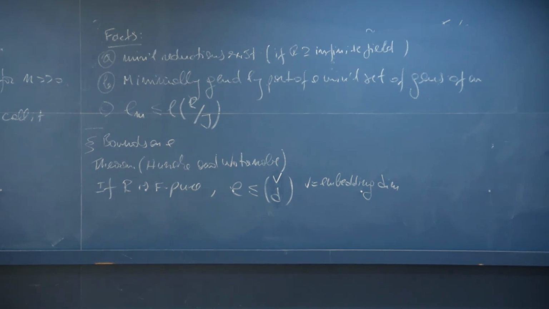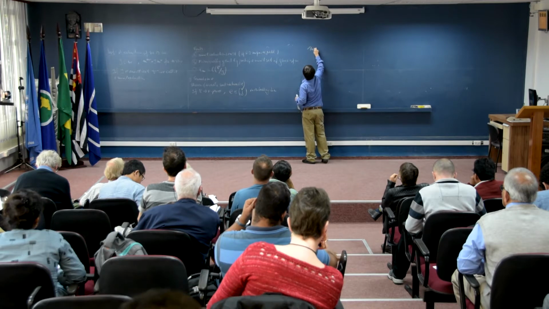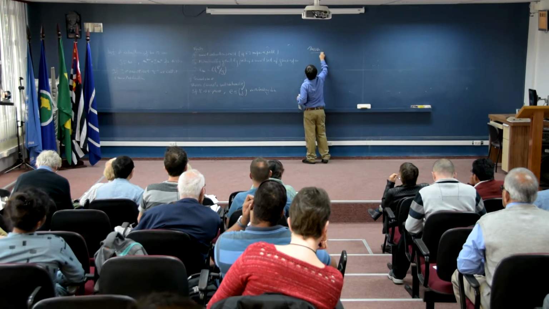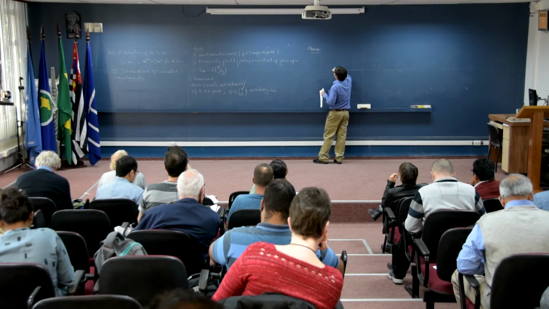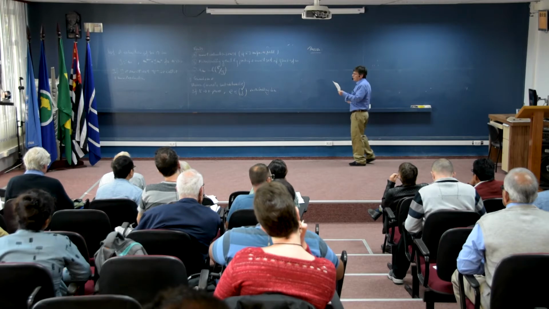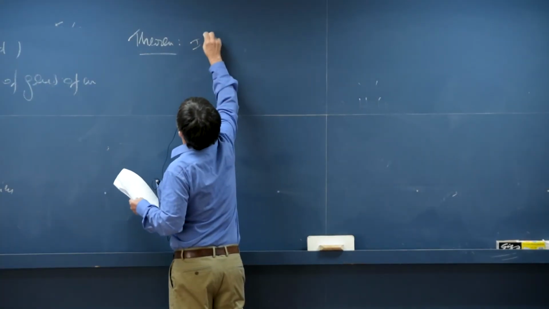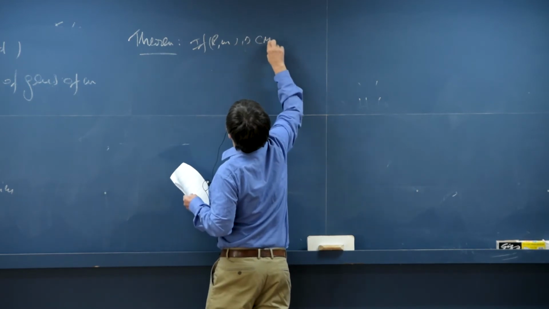Okay, so here's an improvement to this theorem, or a different case in which you can do this. We don't know what F pure means, and I don't want to get into that, but here's another class of nice rings that you define by looking at Frobenius: if R_m is Cohen-Macaulay and F injective.